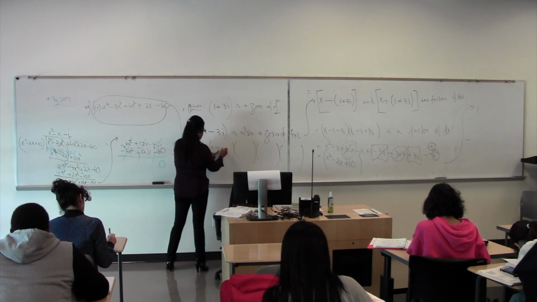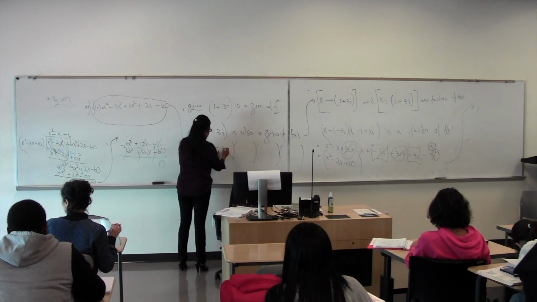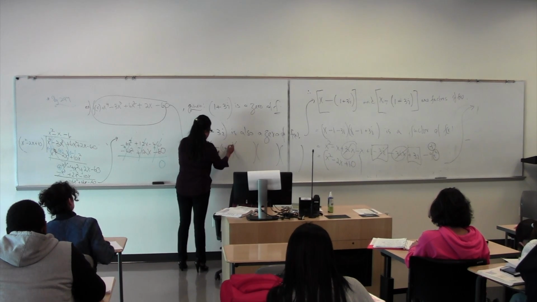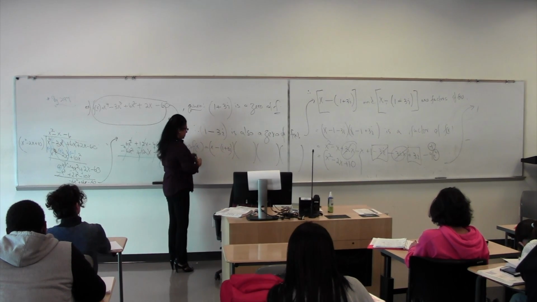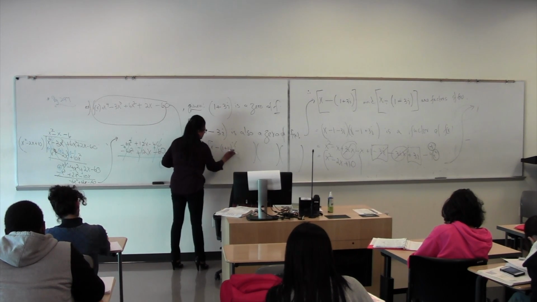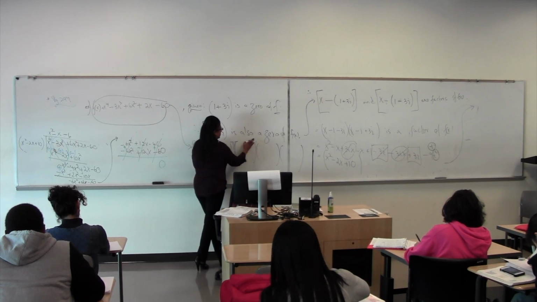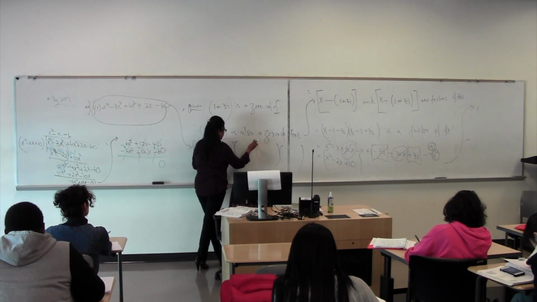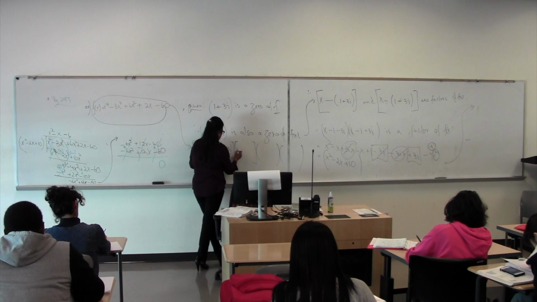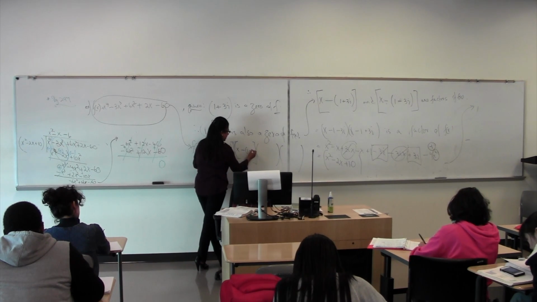X minus 1 plus 3i. This is the first one. So this is like a bracket factor. The other one is, what's the other one? X minus 1 minus 3i.